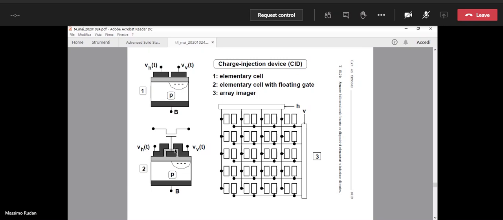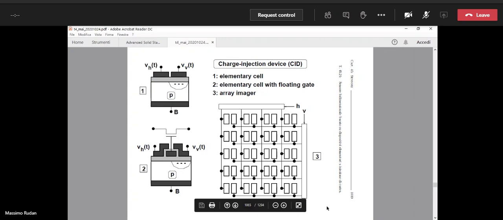So we have a capacitor, and this capacitor is linear because we have two pieces of metal and the oxide in between. And then from the floating gate to the semiconductor, we have, as you may remember, the capacitance of a gate that is the series of the capacitance of this other oxide and the capacitance of the semiconductor.